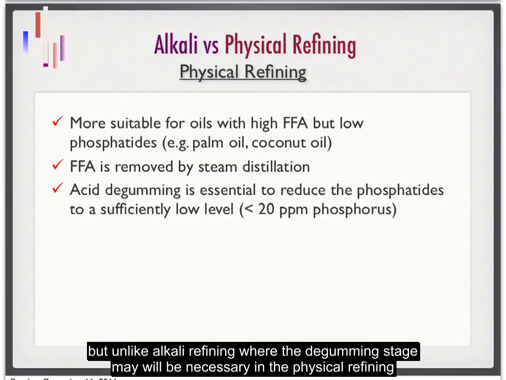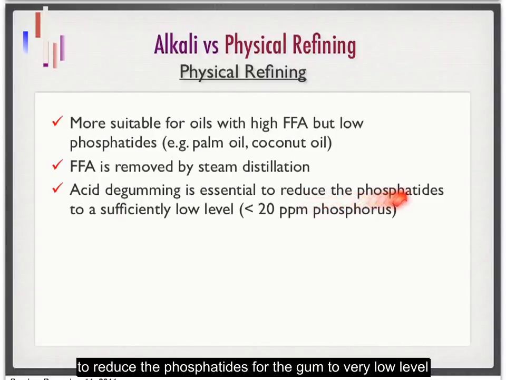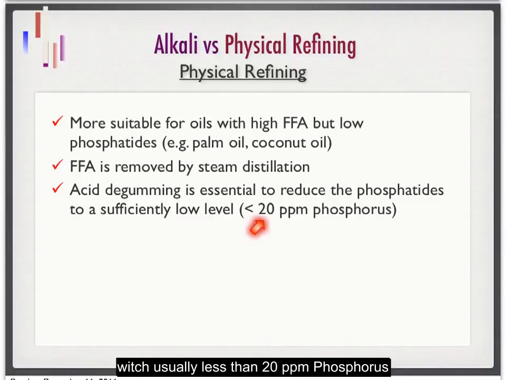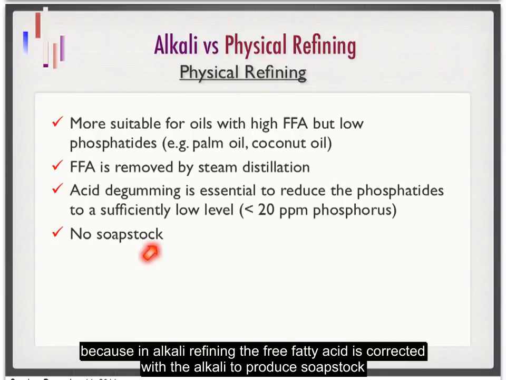But unlike alkali refining, where the degumming step may not be necessary, in physical refining the degumming step is very important. For example, we can use the acid degumming step to reduce the phosphatides or the gum to a very low level, usually less than 20 ppm phosphorus. And because we use steam to remove the free fatty acid, no soap stock is produced, unlike in alkali refining, where the free fatty acid is reacted with the alkali to produce soap stock.